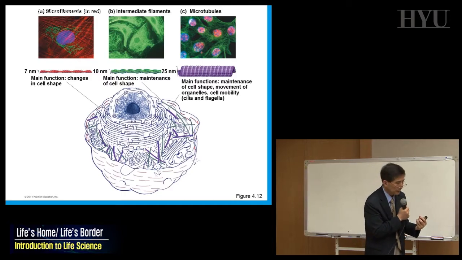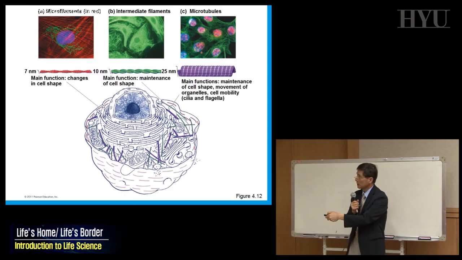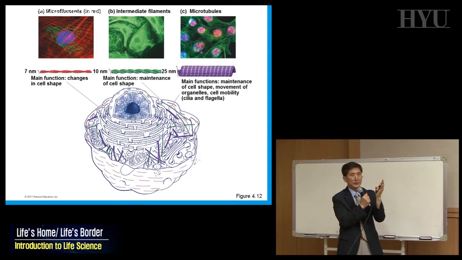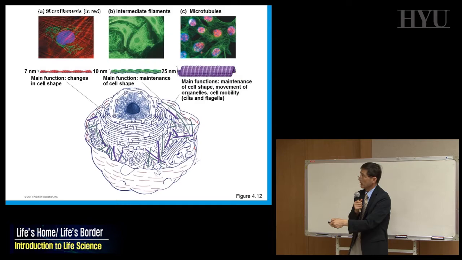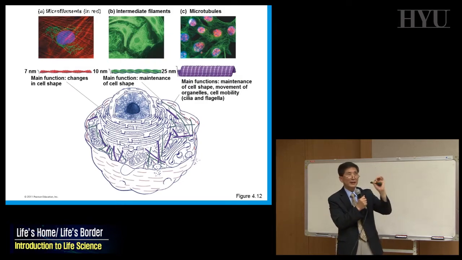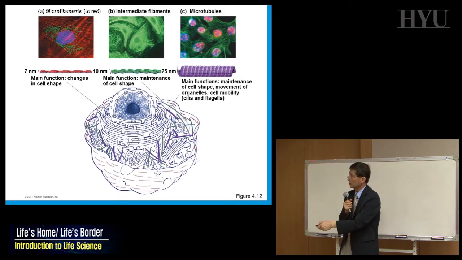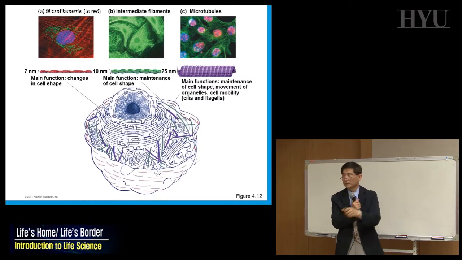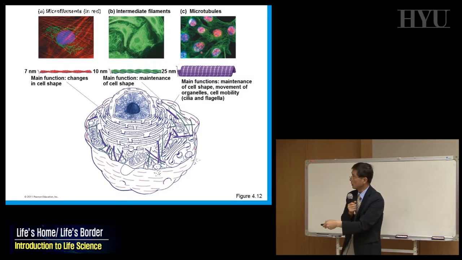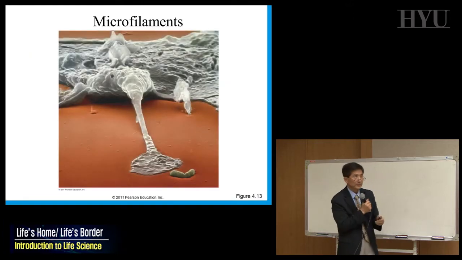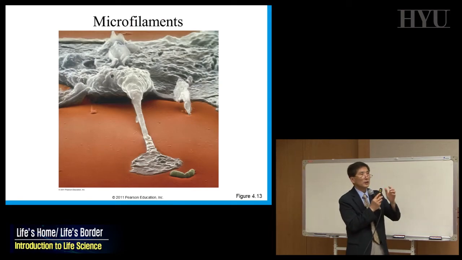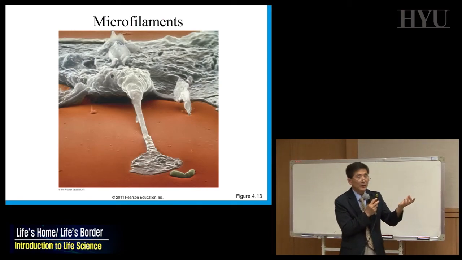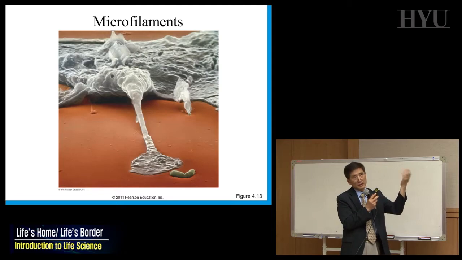What is the function of it? The first one, intermediate, is the most stable one. They don't change very much. The microfilaments consist of actin protein. You don't have to know about it, but it's microfilaments. Where do they use it? Like this. This is a big macrophage, your defense system. If bacteria invade from outside, they can eat them.